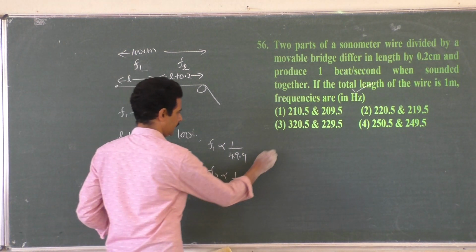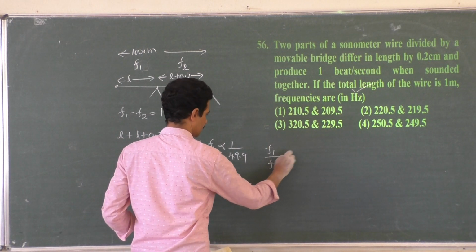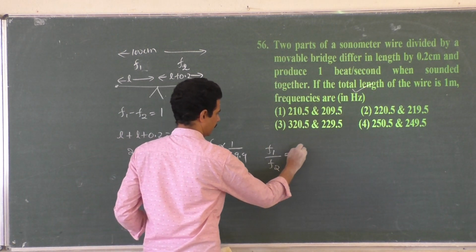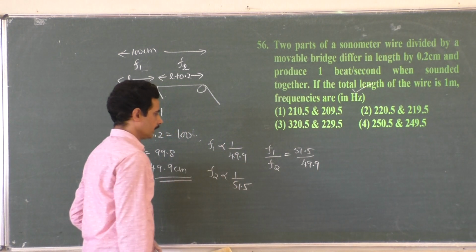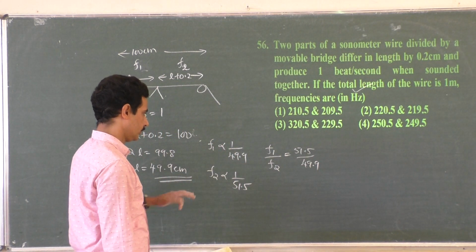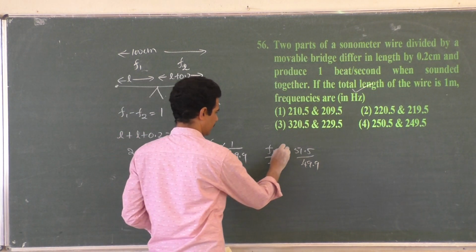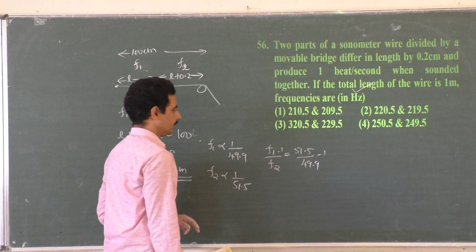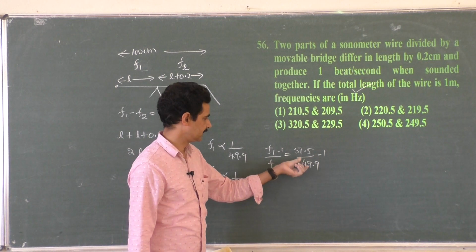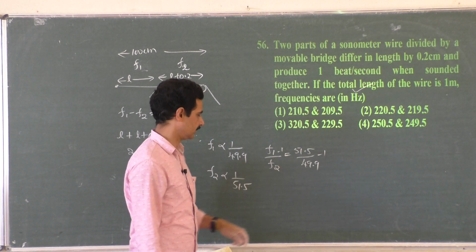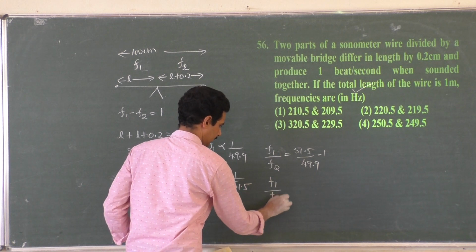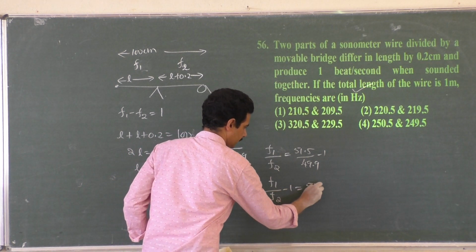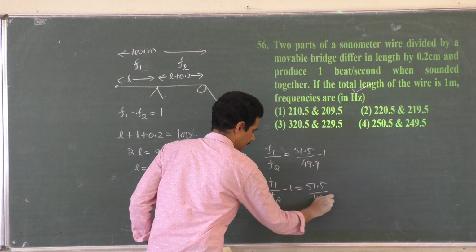F1 by F2 is equal to 50.1 by 49.9. What will you do, 1 minus or minus 1? Minus 1, because this is greater than 1. So F1 by F2 minus 1 is equal to 50.1 by 49.9 minus 1.